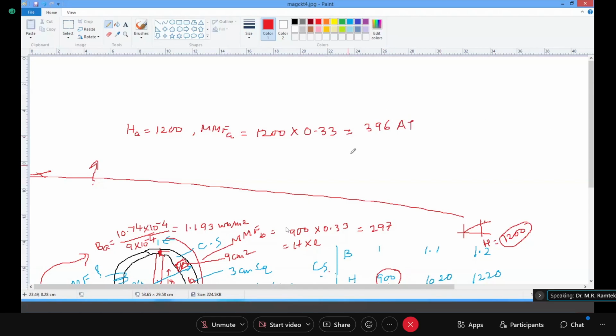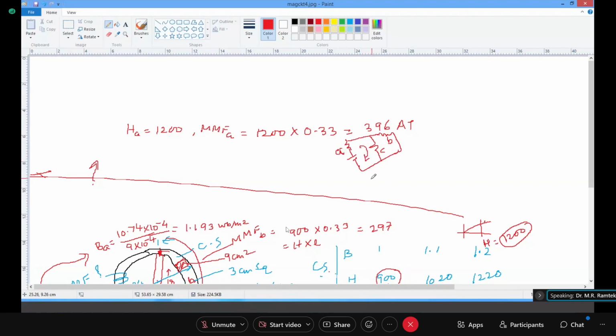So now I can draw the electrical circuit. This is my MMF source. Here is the reluctance of path A, and here I have a reluctance for this, and here I have one. So this is B, this is C, and this is A. You can apply Kirchhoff's voltage law.